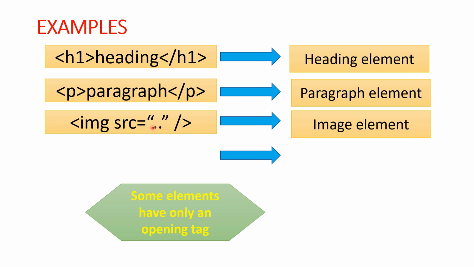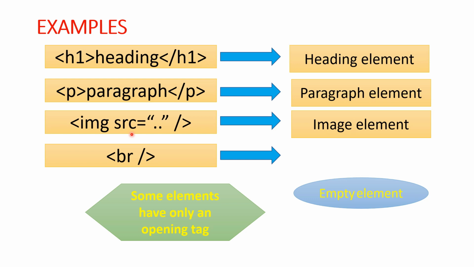We will see about these added parameters in the upcoming videos. So not all the HTML elements will have the closing tag. And in HTML, some elements will not have any content and such elements are called empty element. So the example for the empty element is break element.